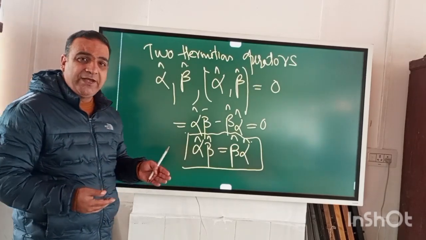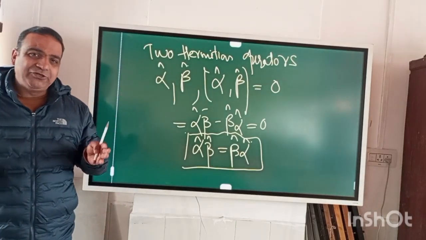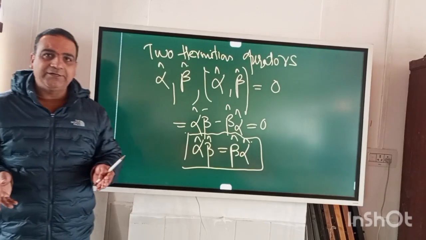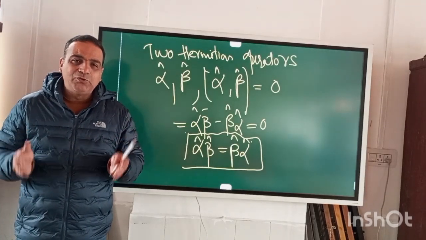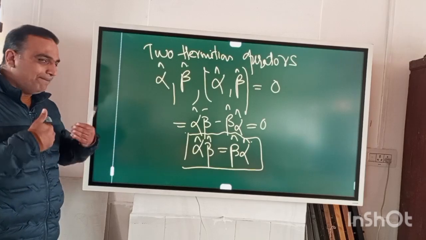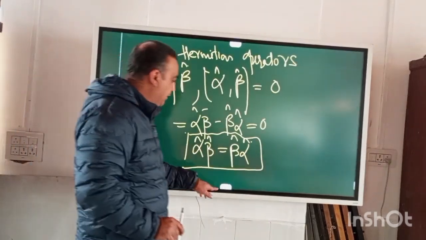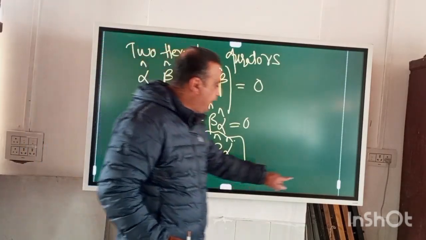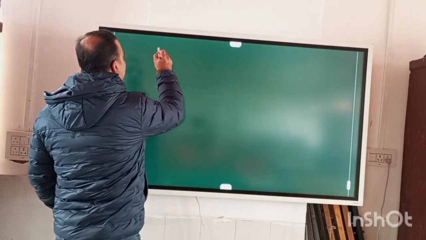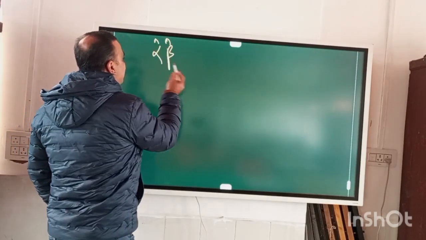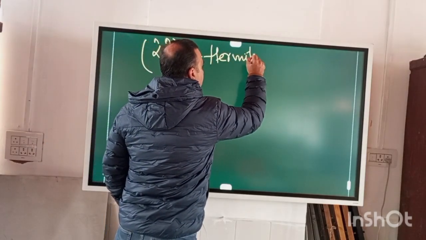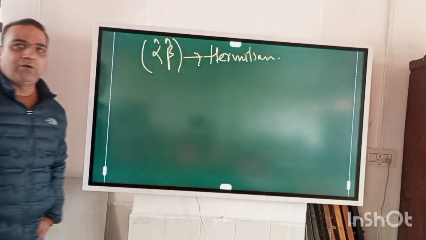But what I am trying to tell you is that if alpha cap and beta cap are Hermitian operators, I would like to prove that their product, alpha cap beta cap, is also Hermitian. So that's my intuition, that's what I want to reveal here, and this is the target.